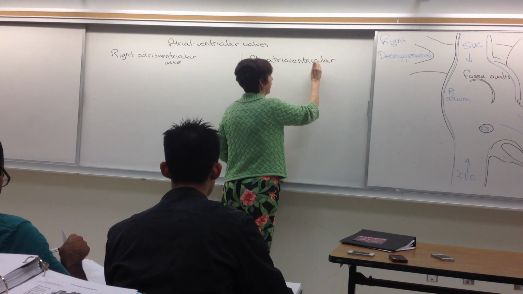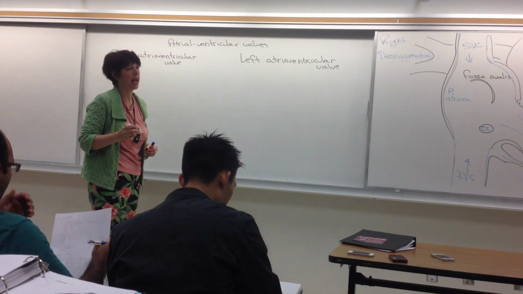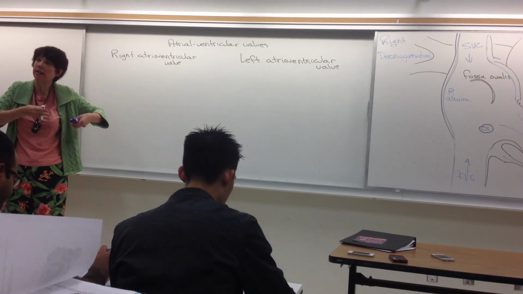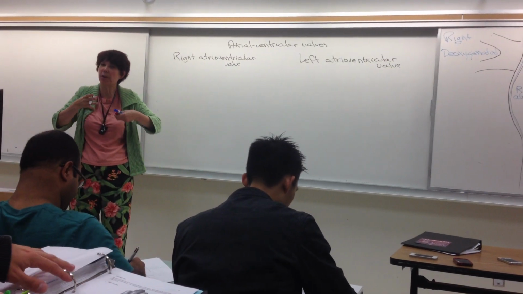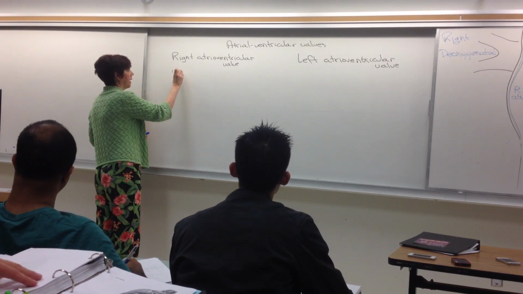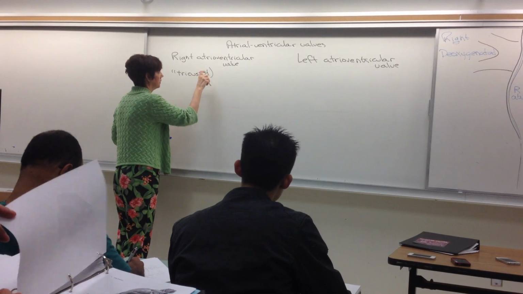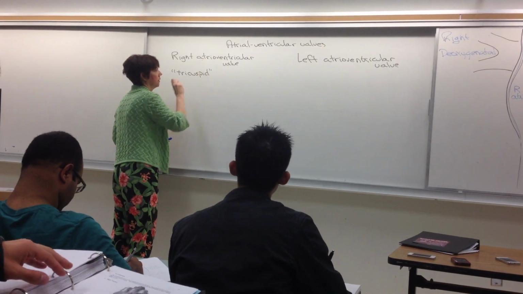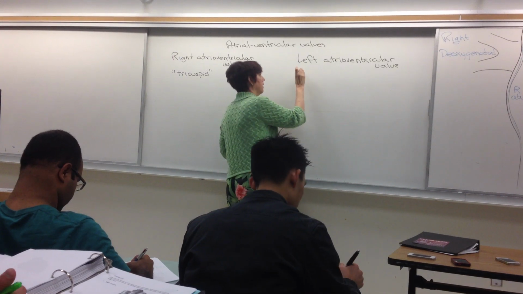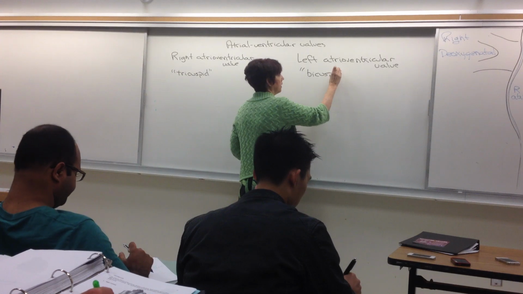Or because of the number of leaflets differing on either side, the right one can also be known as the tricuspid valve. And this one could be known as the bicuspid, because it has two leaflets.